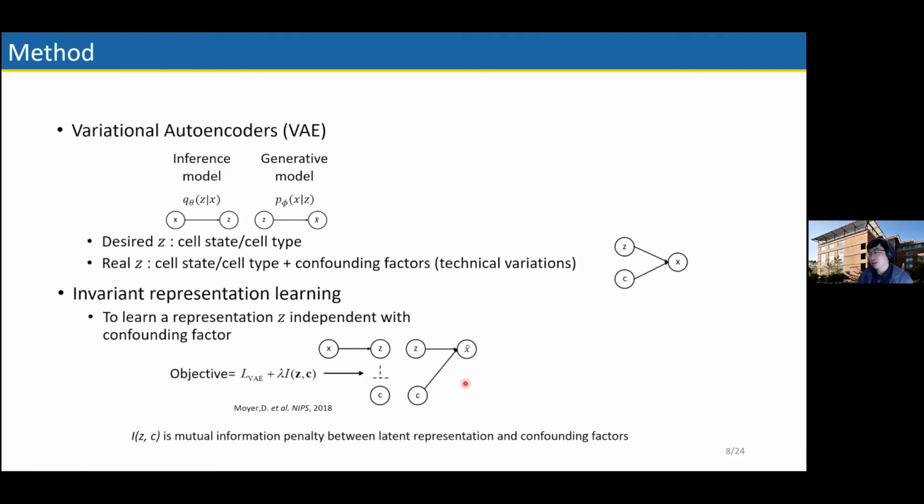The rationale behind this is like the read depth. When we first took a look at this problem, the main confounding factors were the read depth and the batch effect, and these are well observed at the sequencing stage. So that's the rationale behind our method. But if the confounding factor is not observed, then probably this method won't work.